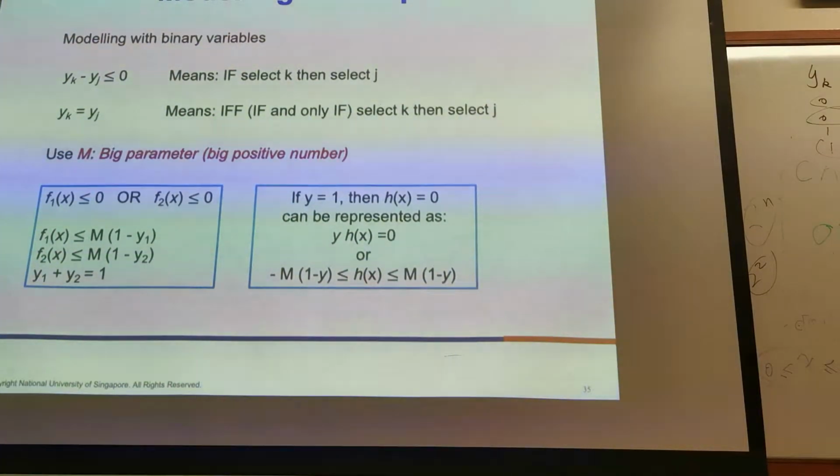So what does this mean? It means if I select k, then I must select j. Is that correct or not? Oh, good. I might have made it wrong.